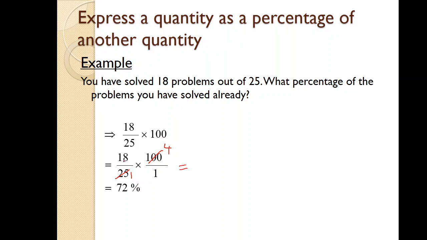If you multiply 18 by 4, you get 72 over 1 multiplied by 1 is 1. That's why our answer is 72 percent.